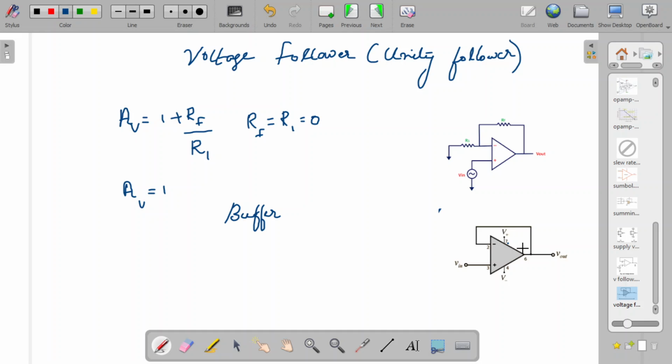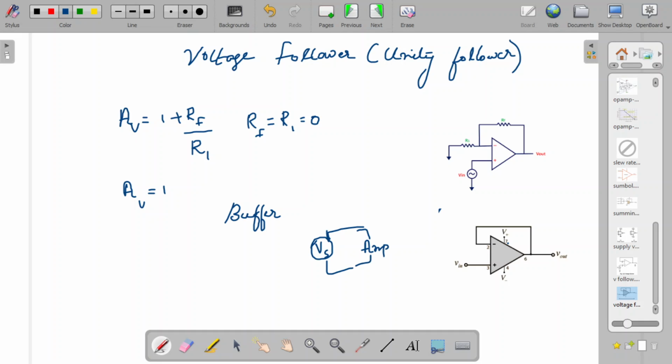This voltage follower circuit has a main implication in major circuits, because in a major circuit normally you connect a source, and this source you may be connecting to a load. This may be an amplifier to which you are giving the source.